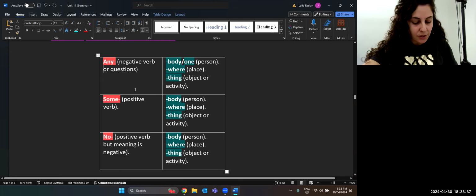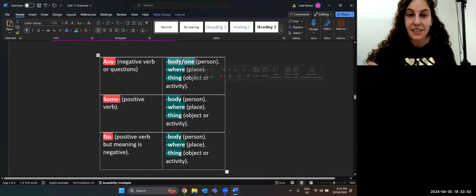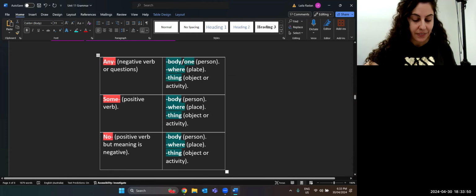We use body for a person. Number 7B, we use body, or again, one, they're the same for a person, just in general. We use where when we talk about a place, and we use thing for an object or activity.